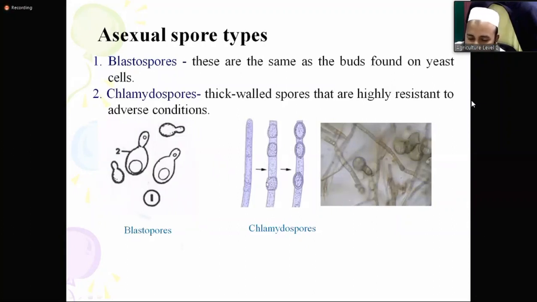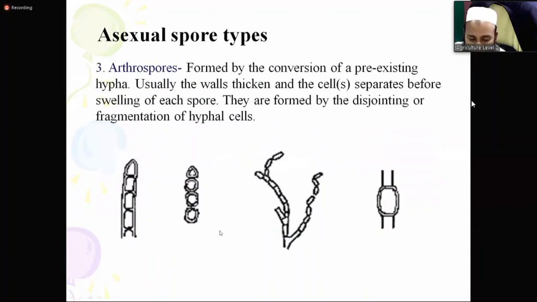Maybe 20 cells or 200 cells, all of them disjoin and separate from their body, and each cell becomes a spore. These spores are called arthrospores.